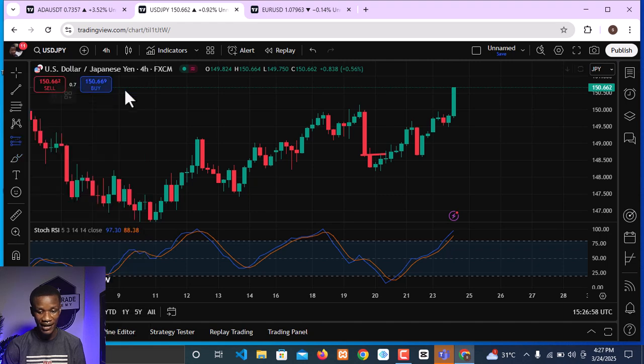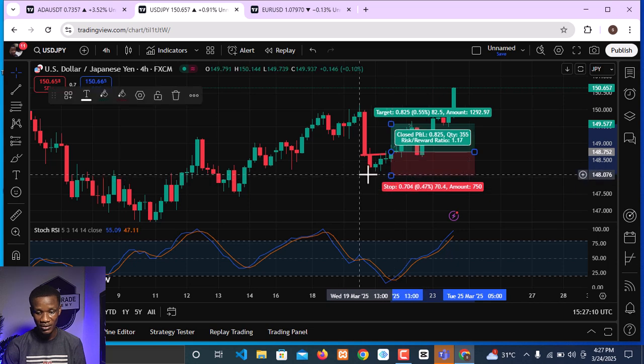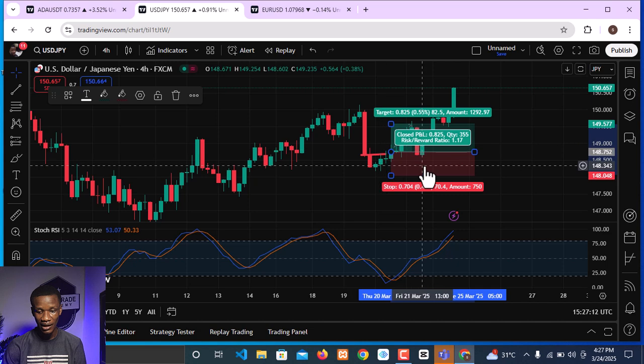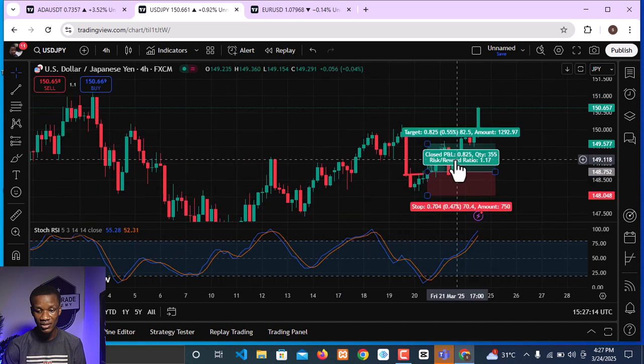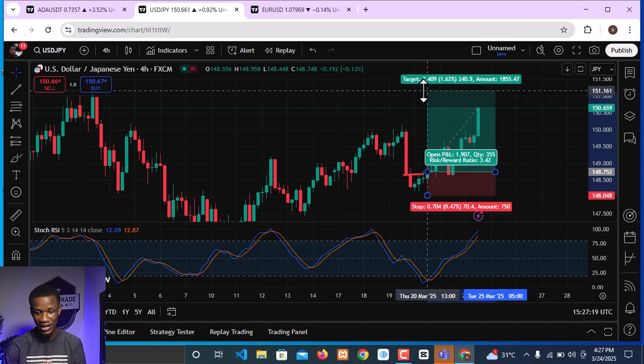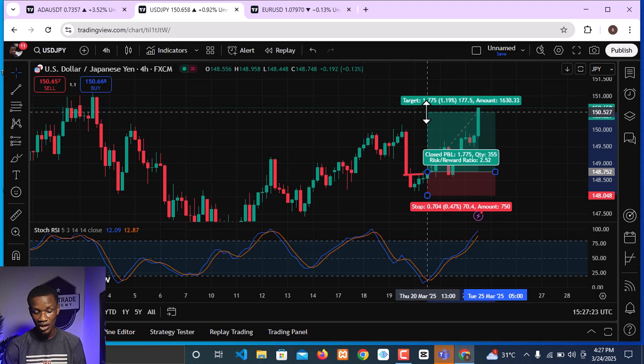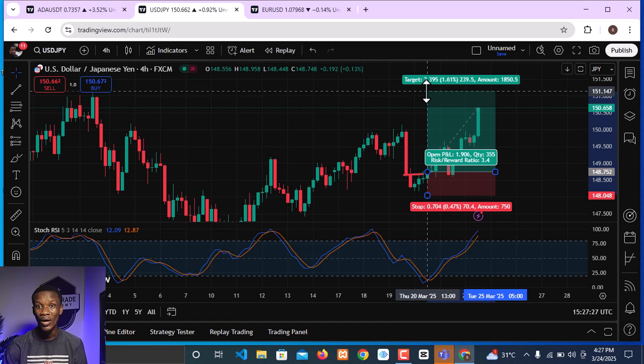I will take a buy right here, and this is the candle that closed above this bearish candle. So I'll place this here, and then my stop loss should be slightly below this, and then I will look for 1 to 2 risk reward on this trade, and I can guarantee you that this market is going to move in that direction. If you take 1 to 2, you should be in profit already, but you can still do 1 to 3 risk reward ratio.